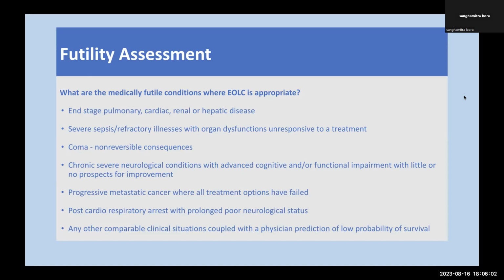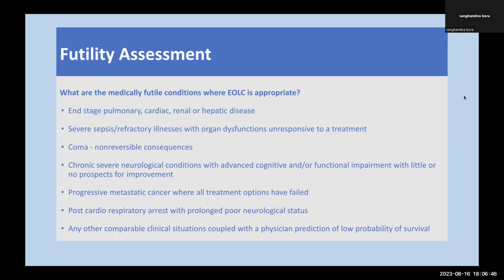Unless and until we understand the assessment of futile care being done, or any kind of extended treatment that is happening for any patient, you will never be able to delineate or demarcate the initiation of end-of-life care. End-stage pulmonary, cardiac, renal, or hepatic disease are medically futile conditions where end-of-life care is extremely appropriate.